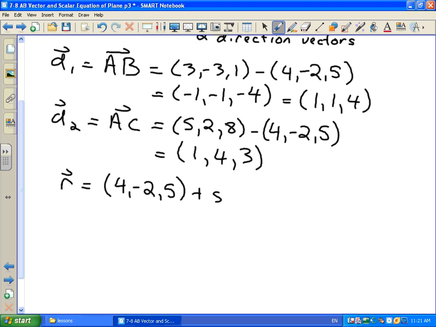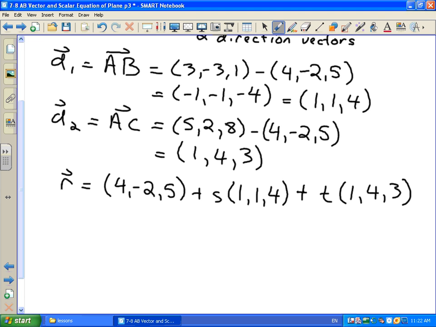We'll have one parameter s times one of our direction vectors, so 1, 1, 4, plus our second parameter, we'll use t times our second direction vector, 1, 4, 3. And that gives us the vector equation of the plane.